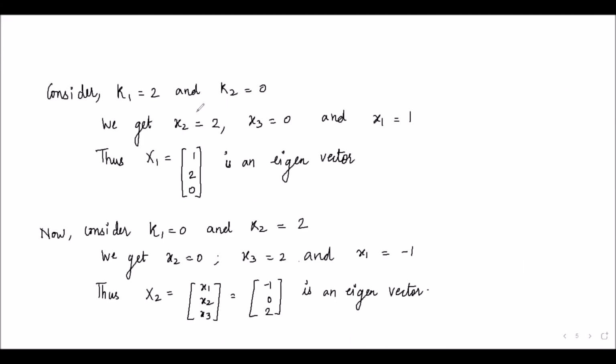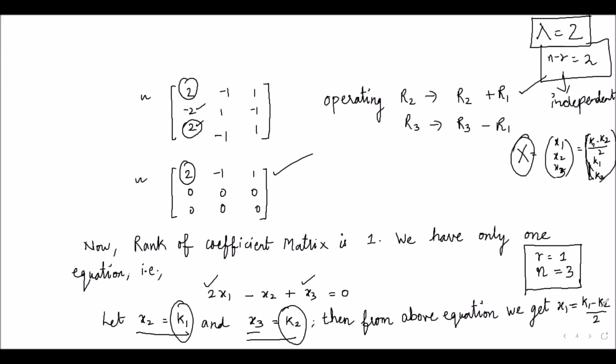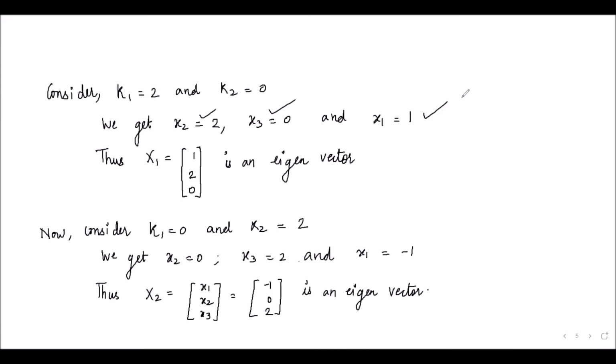So x2 will be 2, x3 will be 0 and x1 will become 1. So we will be getting the first eigenvector. We have denoted the first eigenvector by x1 and here x1 is 1, x2 is 2 and x3 is 0.